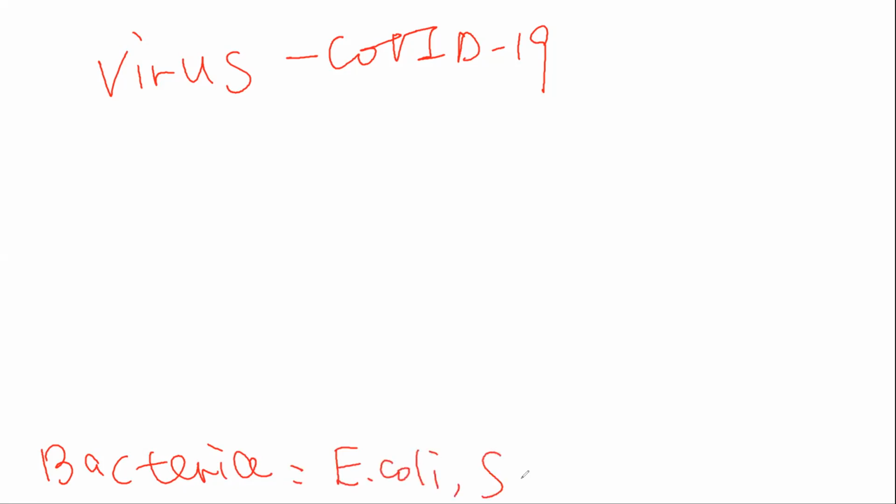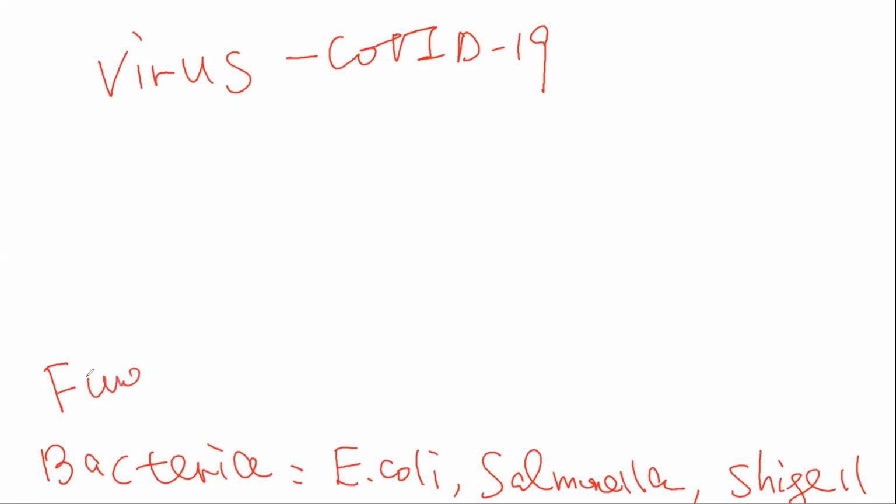Okay, Salmonella. There was a recent outbreak in the pear. Also maybe you heard about Shigella. Then you may have heard about yeast and mold. So that is called fungi, which is encoding yeasts and molds.